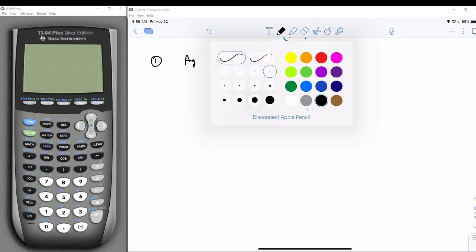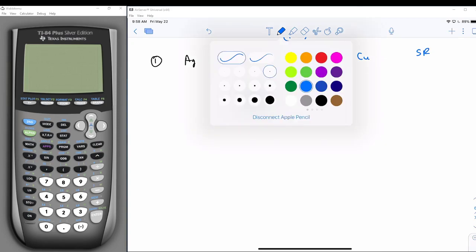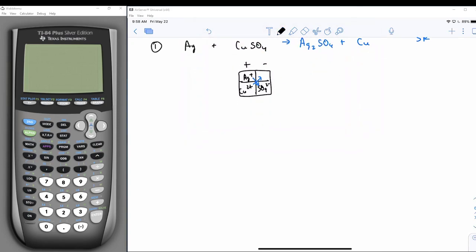And to figure out the products, you will crisscross, go diagonal, and make the new formulas. And so here it would be Ag2SO4, and since Cu is by itself, you don't write a charge on it. You just write Cu. Okay, and so this is single replacement. And we'll do that a couple more times in these practice ones.